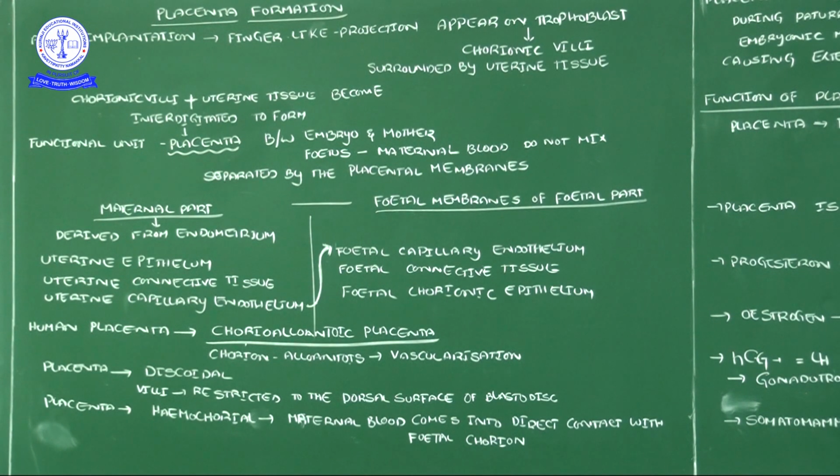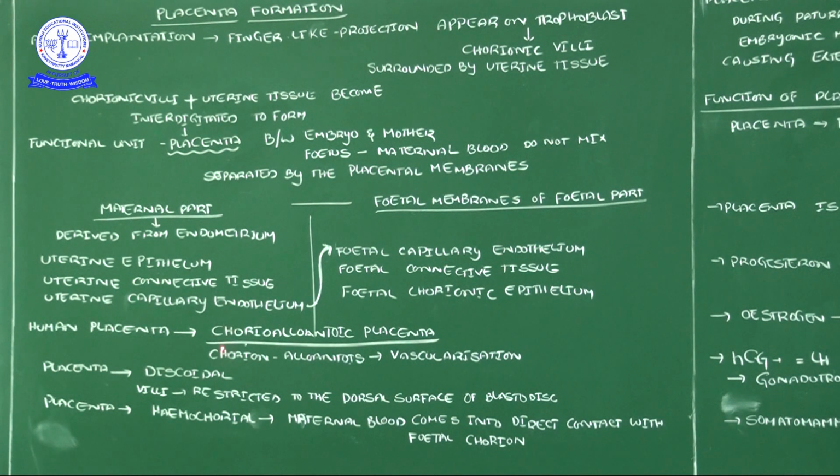Now, the human placenta is called by different names according to different characteristics. Here we call the human placenta a chorioallantoic placenta. Why? Hearing the word, you will already get the information. There are 4 extra embryonic membranes around the fetus: the outer layer chorion, then amnion, then allantois, then yolk sac.